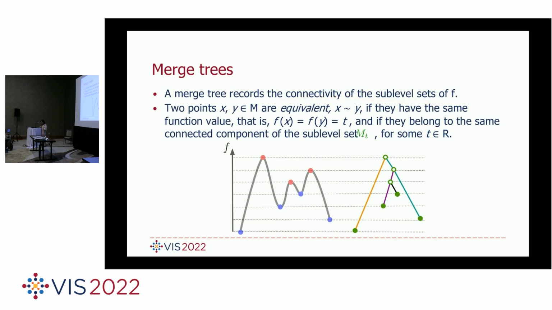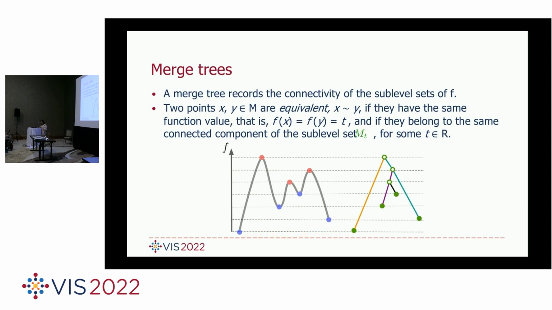So essentially, 2 points are considered equivalent if they have the same function value and they belong to the same connected components of the sublevel set for some function value. So the left-hand side is my function, and the right-hand side is the merge tree of this function. So again, the points in blue are local minimum, and red are local maximum.